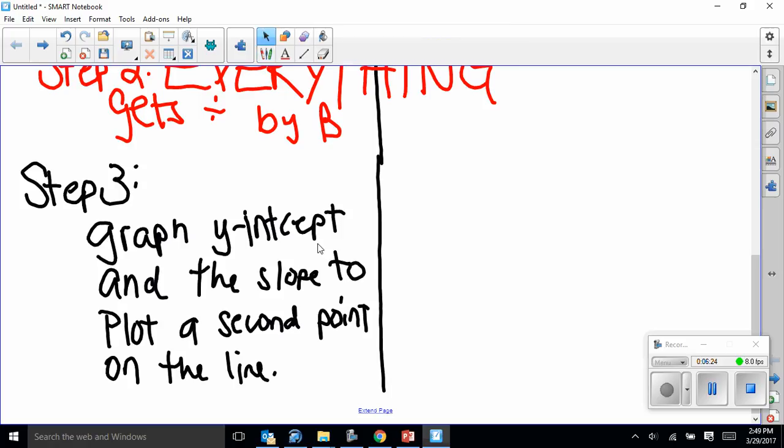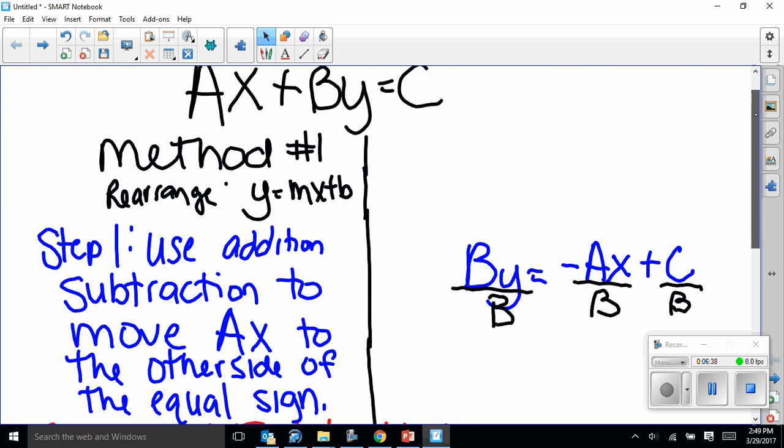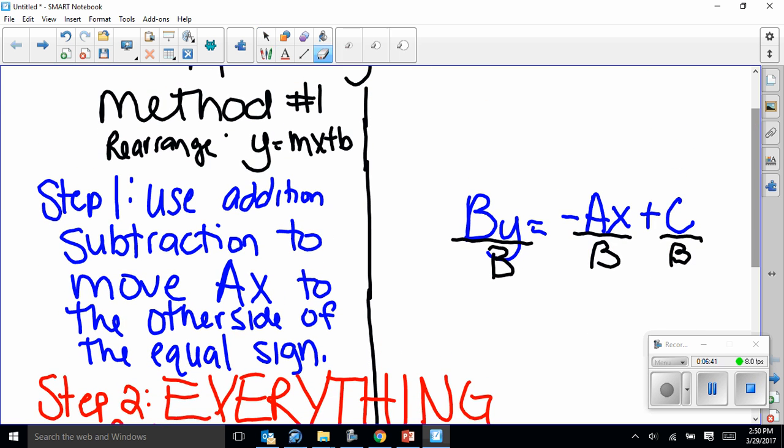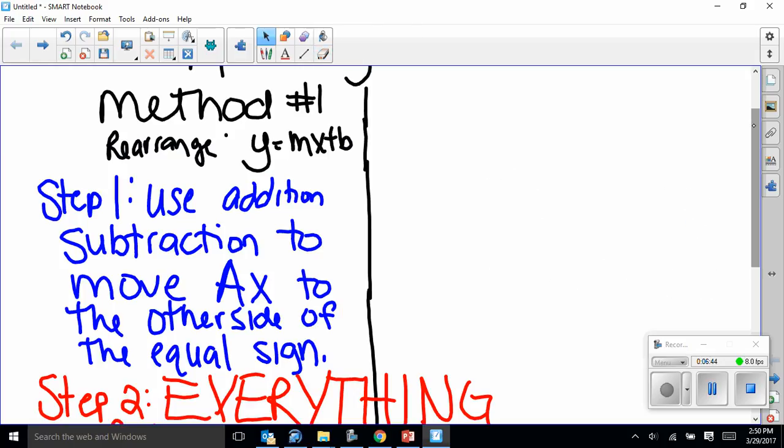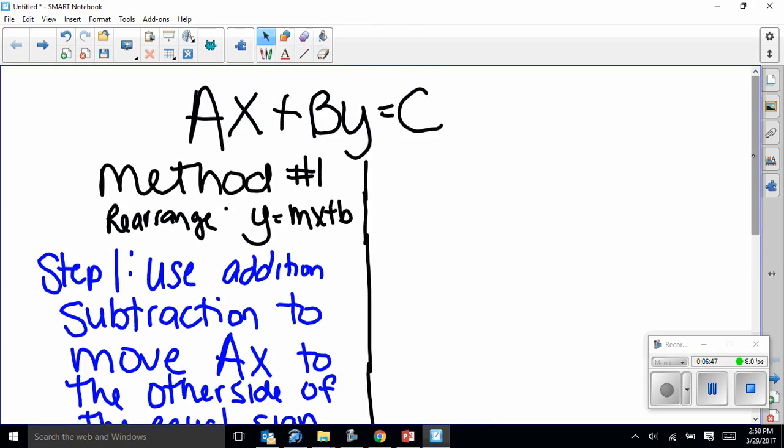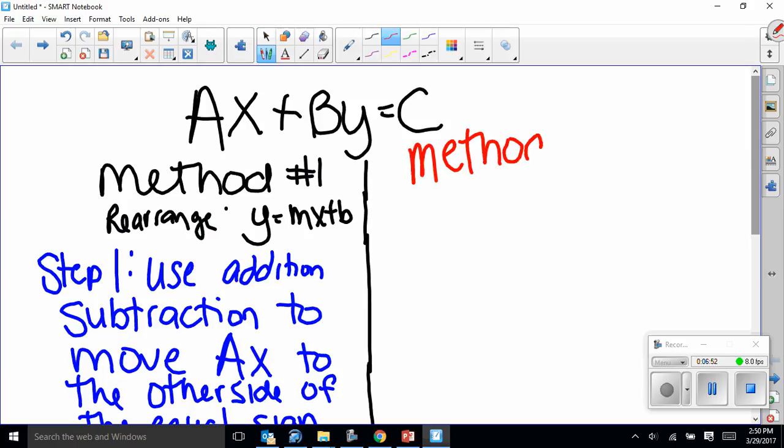All right, we all have method number 1 down. So now let's look at method number 2. Method 2 is to find and graph the x and y intercepts.